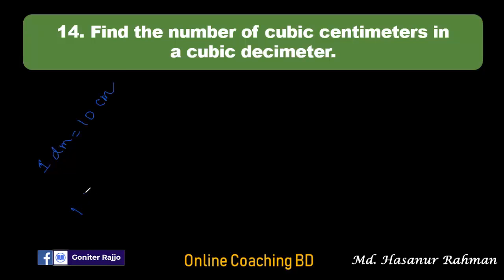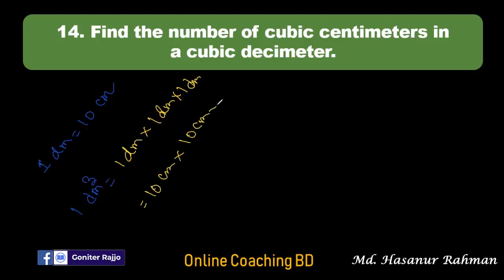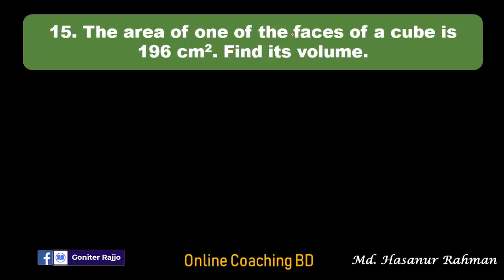So 1 cubic decimeter means 1 decimeter multiplied by 1 decimeter multiplied by 1 decimeter. 1 decimeter represents 10 centimeter, so that will be 1000 cubic centimeter. Very simple one. Now our last problem, that is number 15.